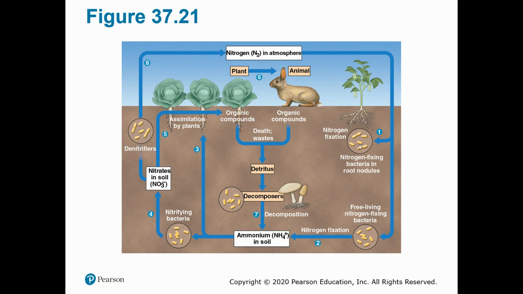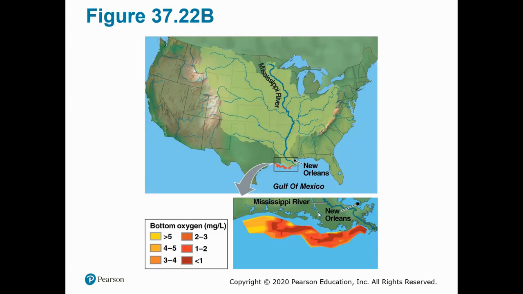So a lot of bacteria are involved in this particular cycle. But the nitrogen is primarily in the ground. So this is why we fertilize with things like nitrogen. If plants can't get enough, those are rate limiting factors.